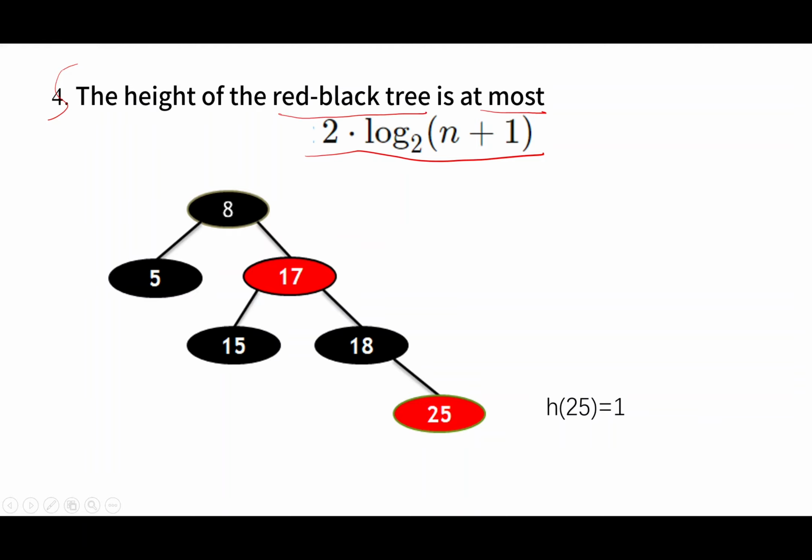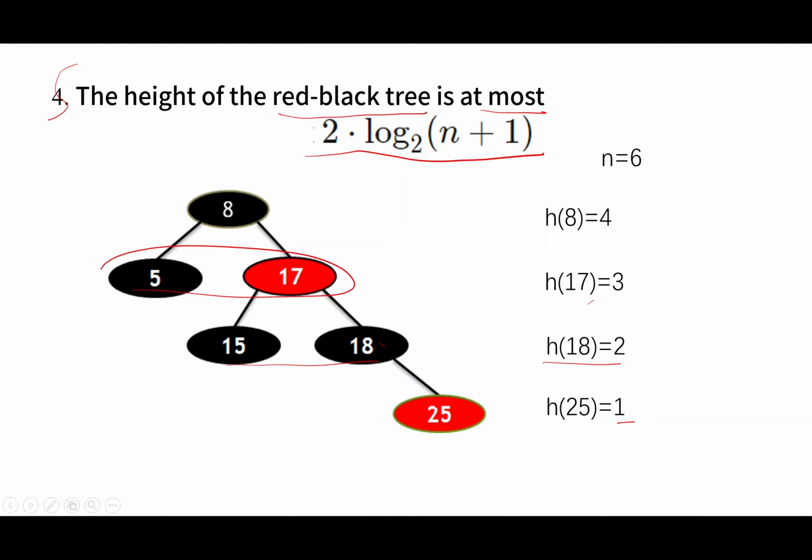For this red-black tree, if the height of this node is 1, then the height of its parent is 2. The height of this node is 3. The number of elements n is equal to 6.